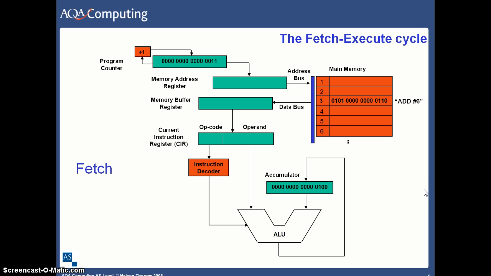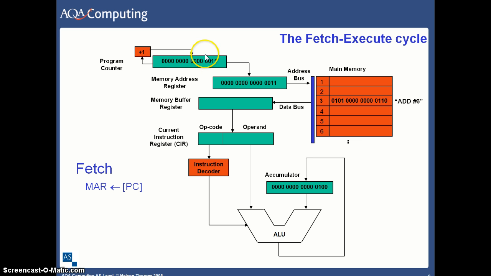The fetch part then. The contents of the program counter are transferred to the memory address register. If we look at the notation over here, the square brackets mean contents of. So the contents of the program counter are assigned to the memory address register.